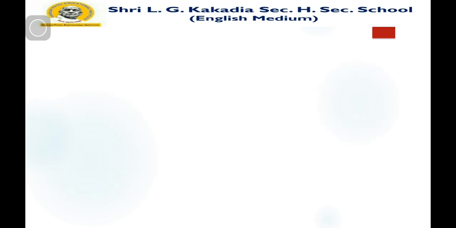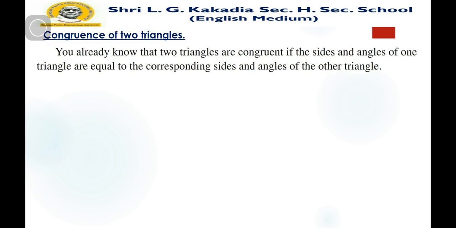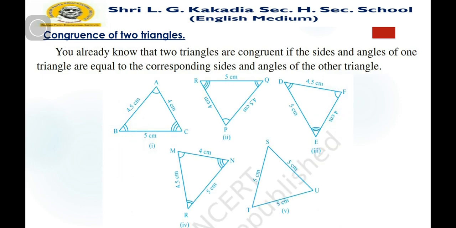Now here we want to discuss congruence of two triangles. You already know that triangles are congruent if the sides and angles of one triangle are equal to the corresponding sides and angles of the other triangle. For that, consider some triangles.